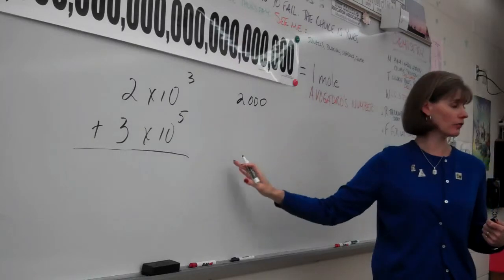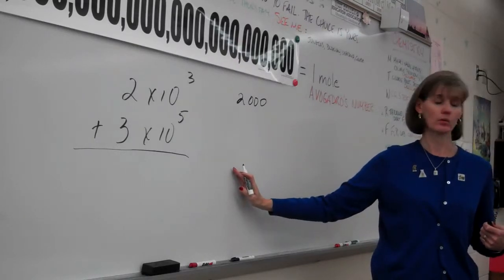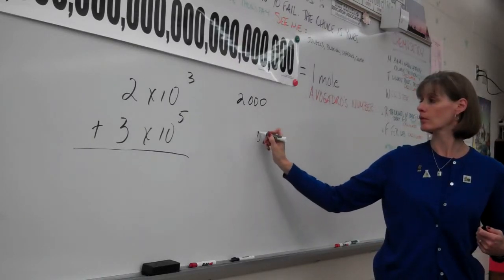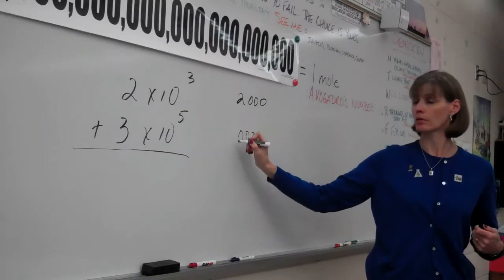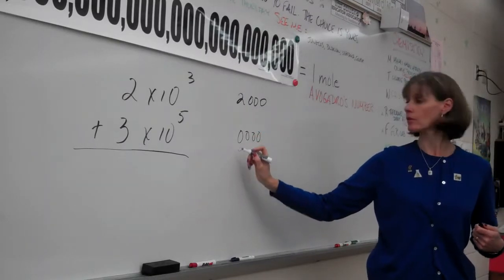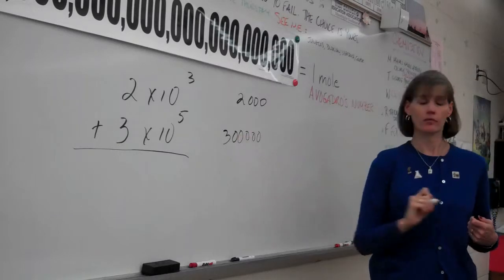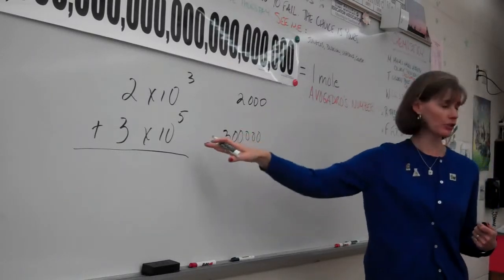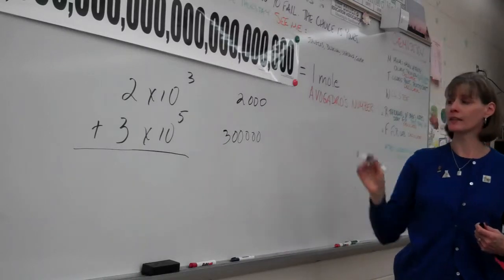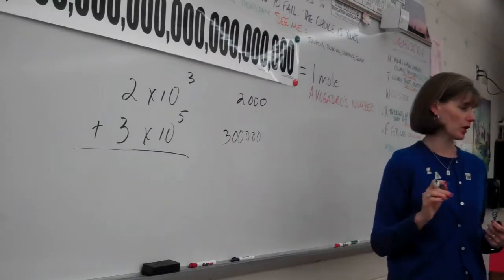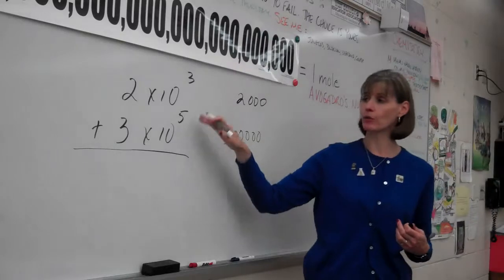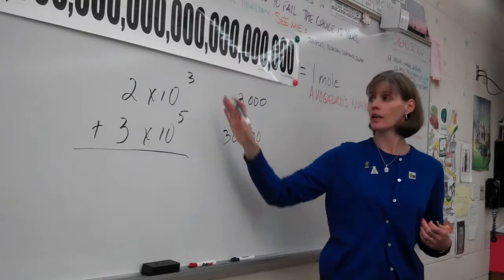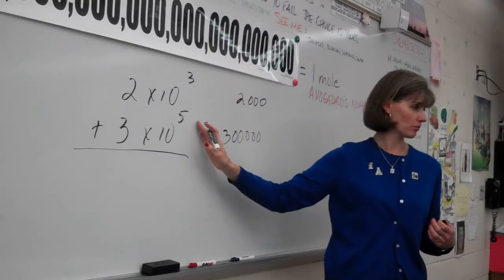And 3 times 10 to the fifth is 300,000. Notice that those columns are not matching up. So to add and subtract numbers in scientific notation, you need to take one of them out of correct scientific notation and make the exponents match.